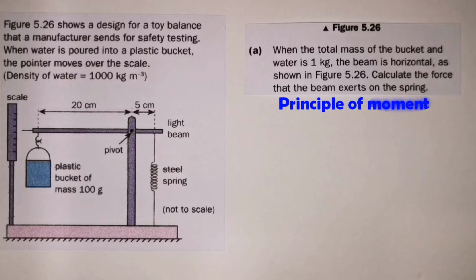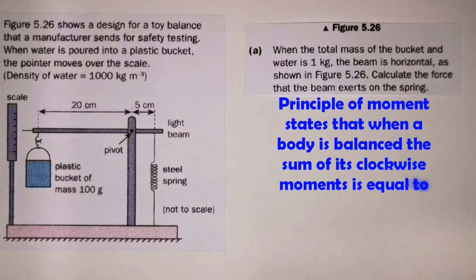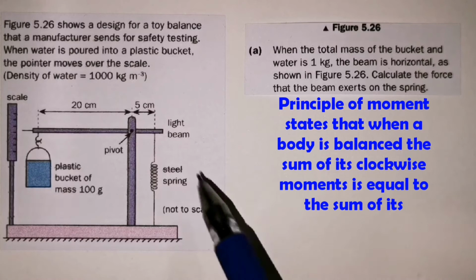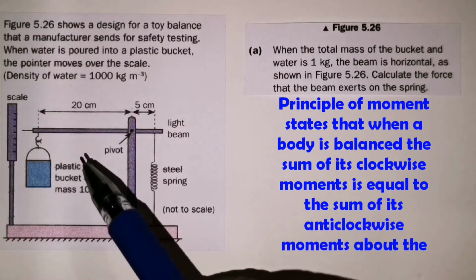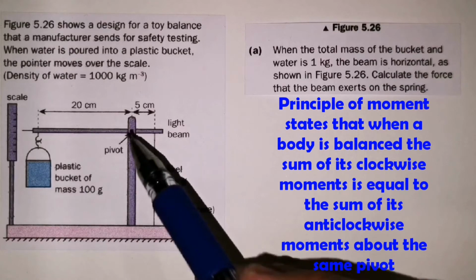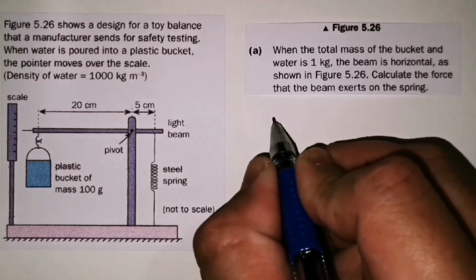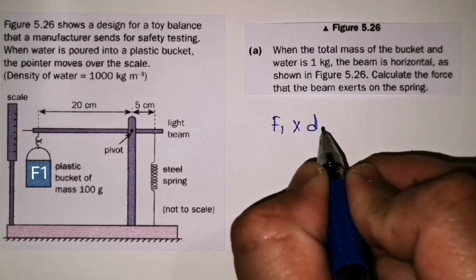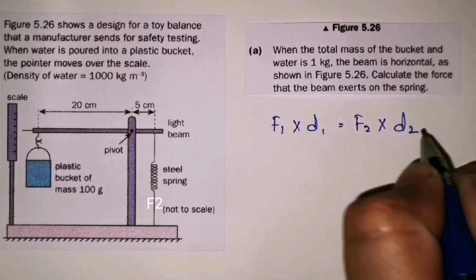Principle of moment states that if a body is balanced, so in this question the beam is balanced, the sum of its clockwise moment is equal to the sum of its anti-clockwise moment about the same pivot. So again the formula: F1 times D1 equals F2 times D2.